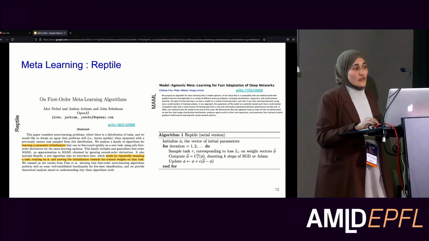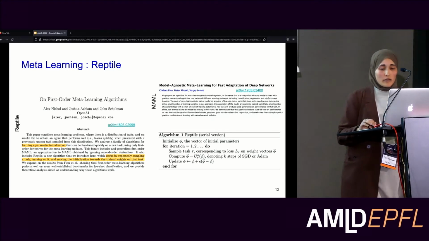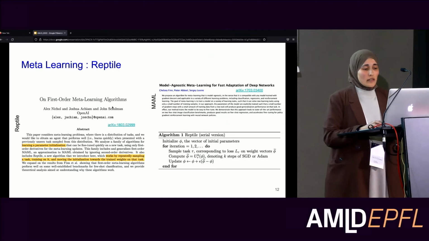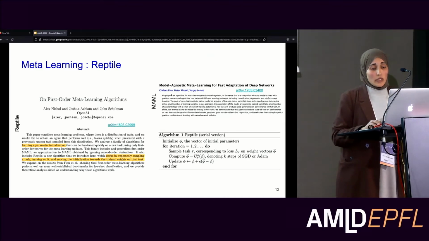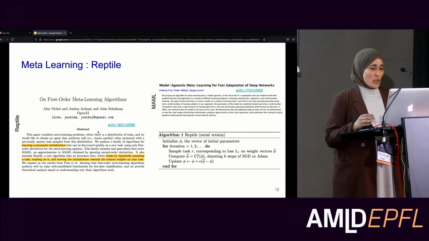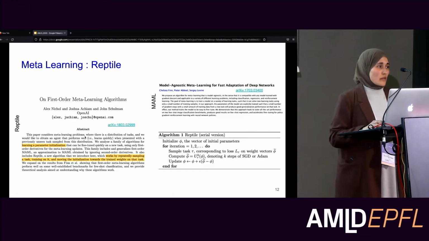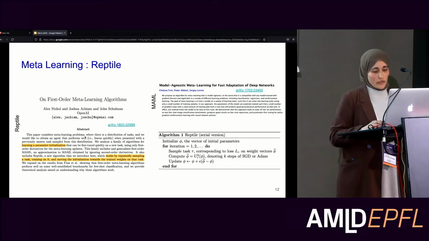If we look in the literature, there are a lot of papers on meta-learning. The two best known are model-agnostic meta-learning and Reptile. Reptile takes less time and is faster because it does not unroll the computation graph, or compute the second derivative.